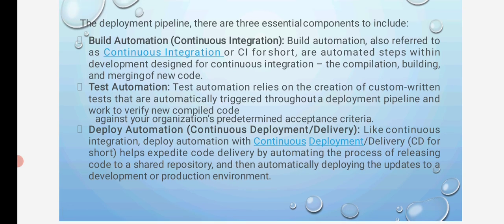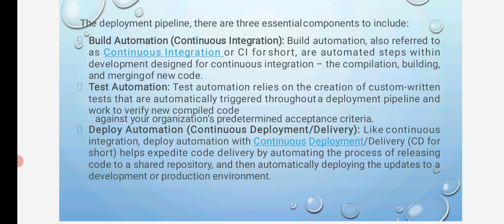In the deployment pipeline, there are three essential components to include. Build automation, also referred to as continuous integration, is the automated steps within the deployment design for compilation, building and merging of new code. Test automation relies on the creation of custom written tests that are automatically triggered throughout a deployment pipeline and work to verify newly compiled code.